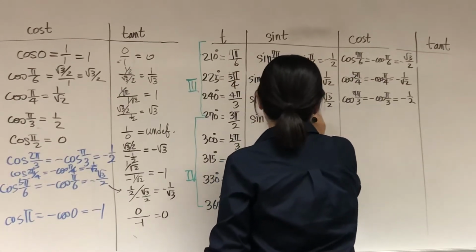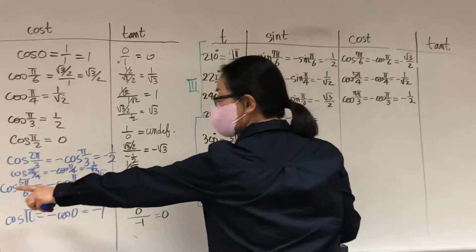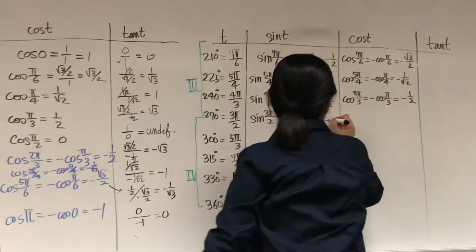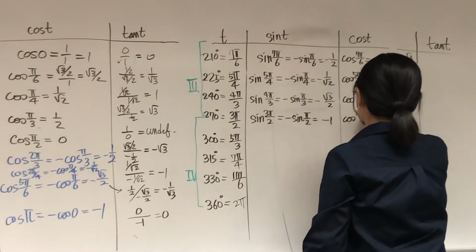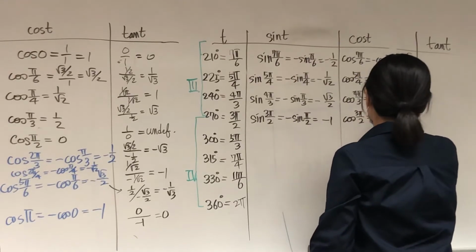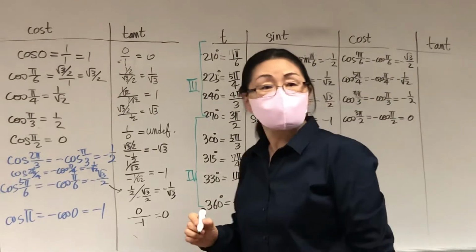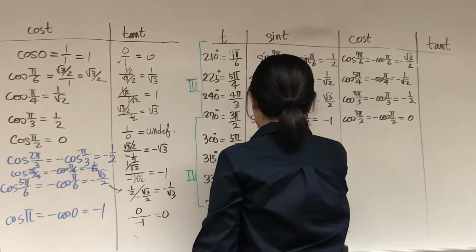Negative sine pi over 2. What is sine pi over 2? Cosine 3 pi over 2.